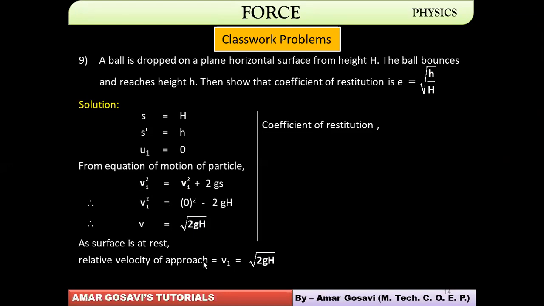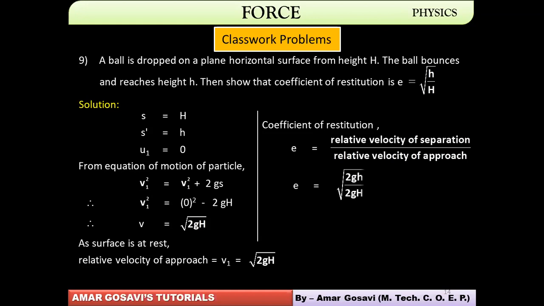So for approach it is capital H, and for separation it will be in terms of small h. Therefore, you come across such an equation: relative velocity of separation divided by relative velocity of approach. You can just work out the situation like this, and you will get root 2g into small h in the numerator. In the denominator, it is root 2g into capital H.